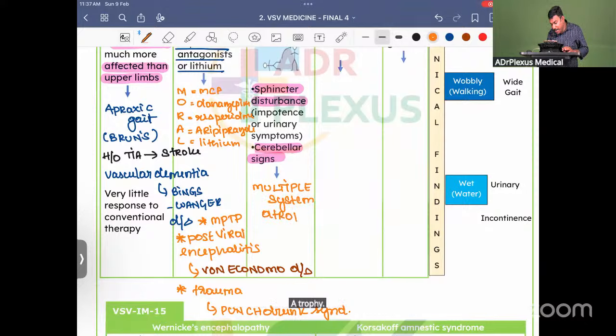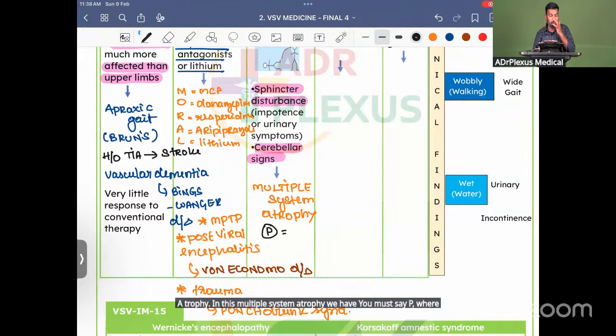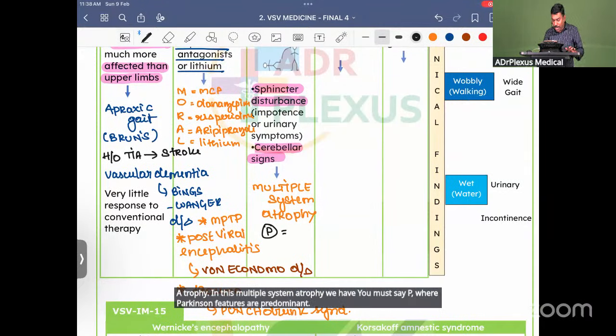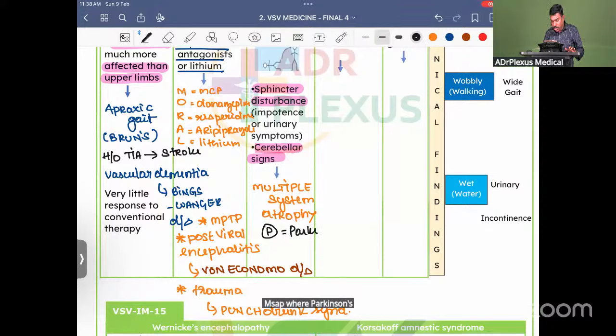In multiple system atrophy, we have MSA-P, where Parkinson's features are predominant, or MSA-C, where cerebellar features are predominant.